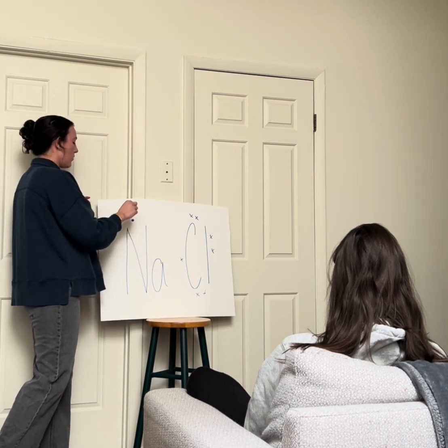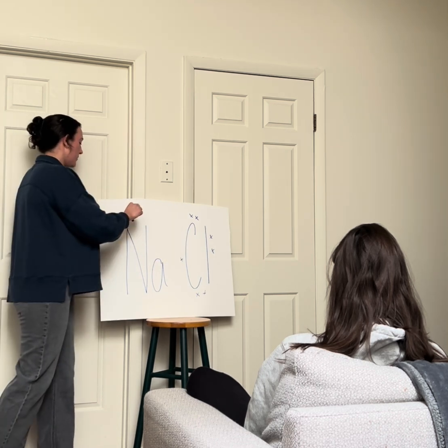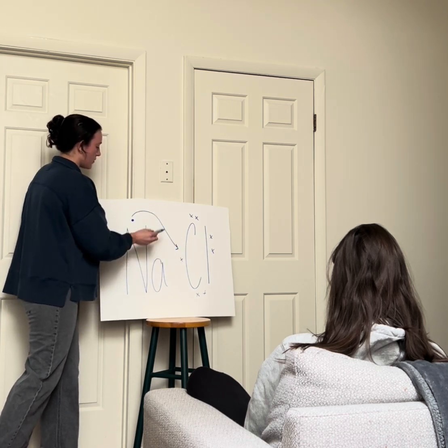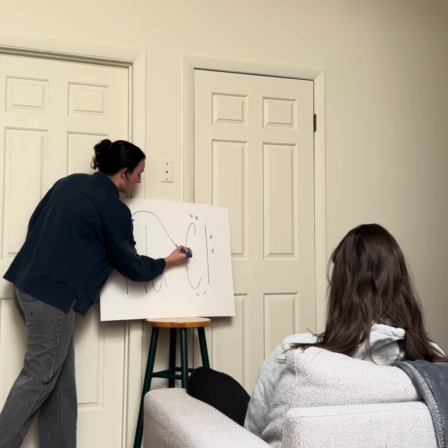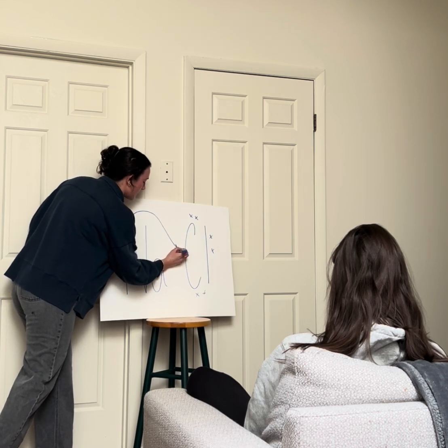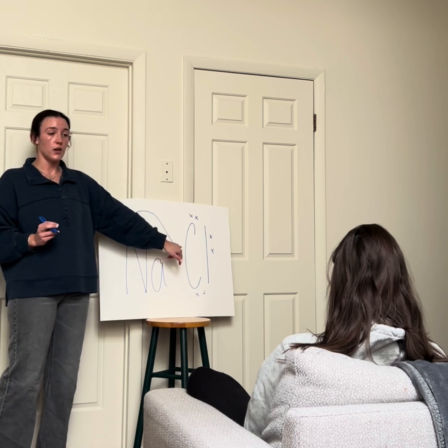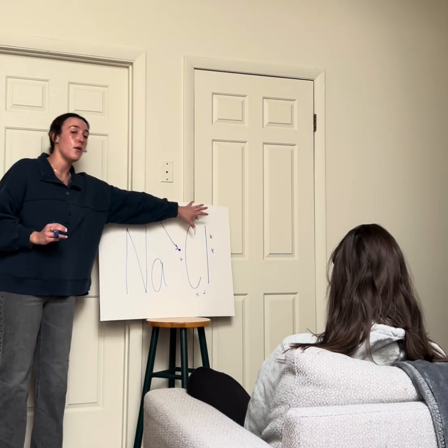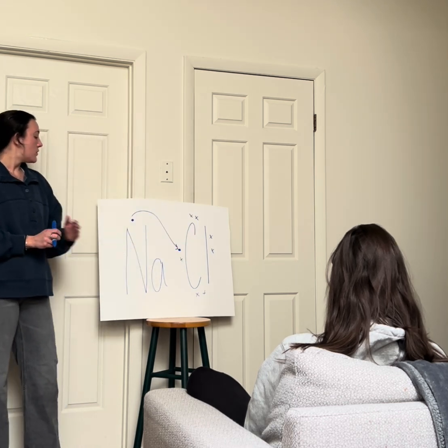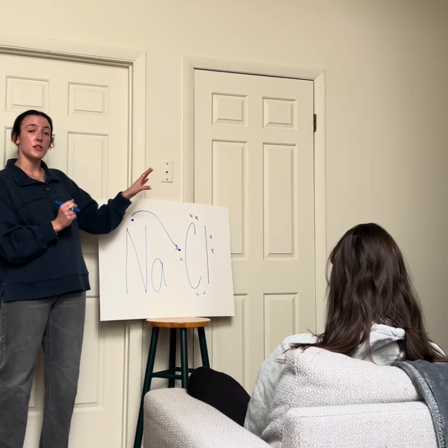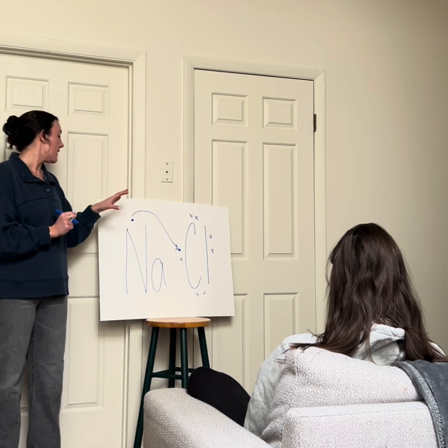So our lone valence electron on sodium is going to transfer over to chlorine. To show that, I'm just going to draw an arrow showing it's moving over to chlorine, and I'm going to draw that dot on chlorine, showing that that electron has moved over to chlorine now and is now a part of the chlorine.